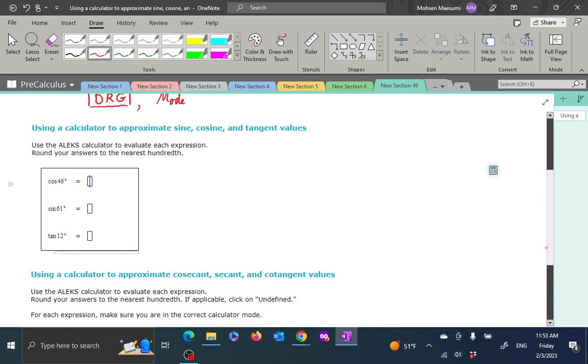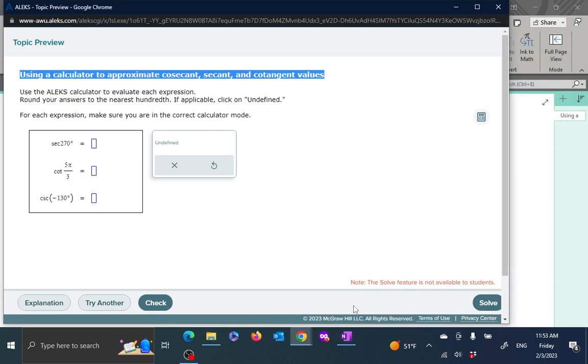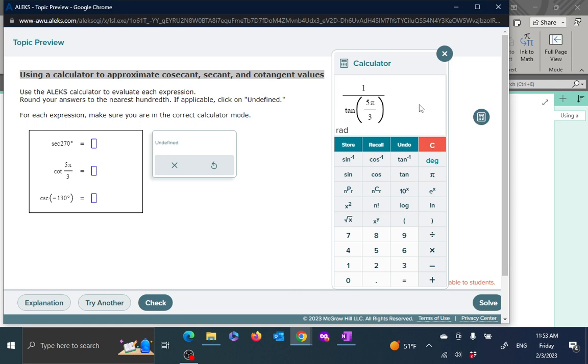So what you are doing here is finding the cosine of 46 degrees. The main issue is that this is in degrees. So when you're using the calculator, let me just go to the calculator page. This is for the second, but either way, let me clear this one.